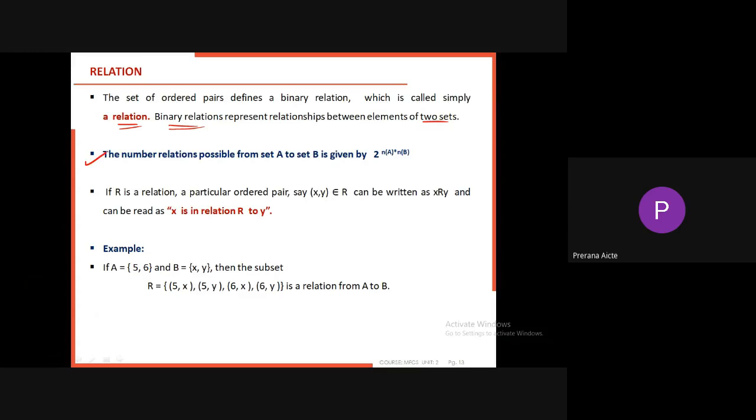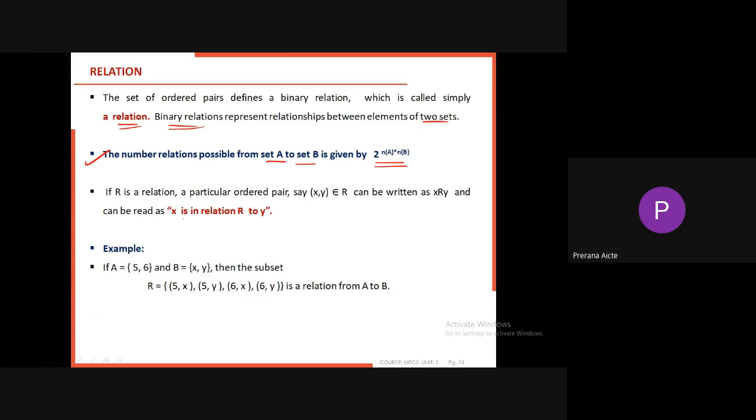And here is the important point. The number of relations possible from set A to set B is given by 2 to the power of n(A) multiplied by n(B), that is, the number of elements in set A and the number of elements in set B. How many relations are possible for the given number of elements can be calculated using this formula.